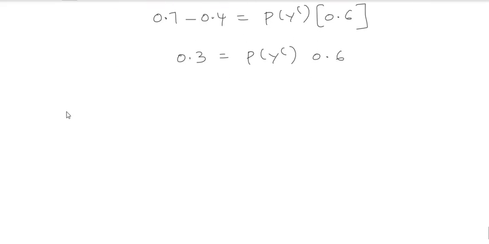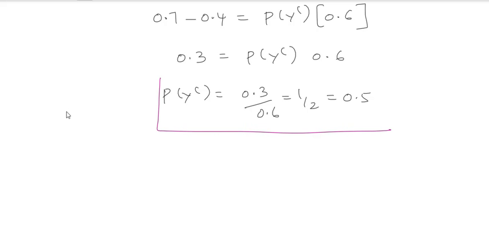Then the probability of Y complement is 0.3 divided by 0.6, which is 1 by 2, that is 0.5.